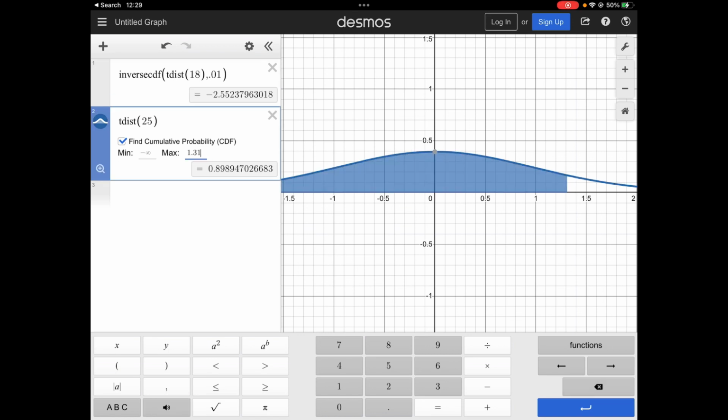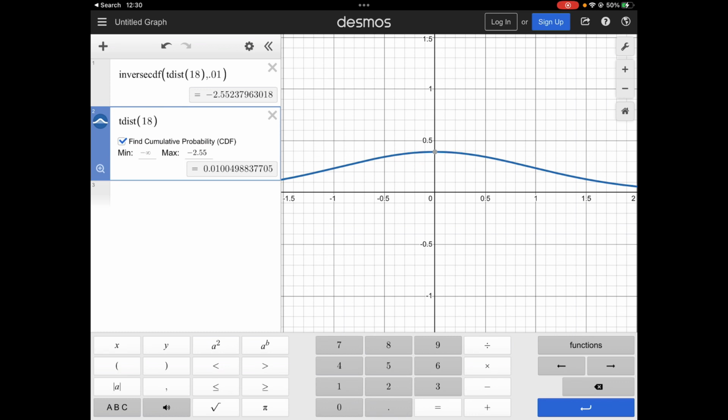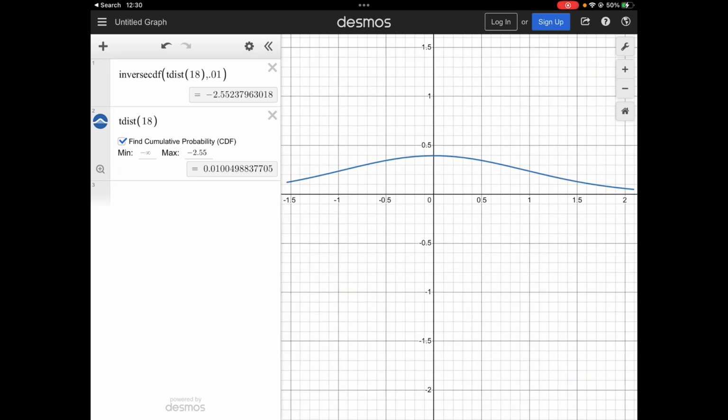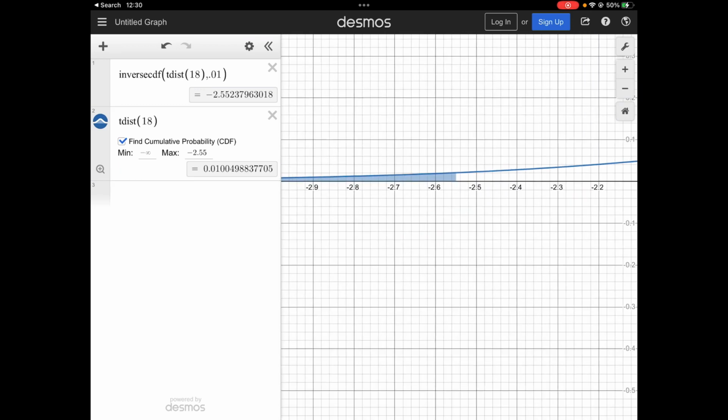So if I then check on this one and do a negative 2.55 with my 18, I can see that it's roughly 0.01, which is what's to the left. And if I look at my shape, I can see really, really small that this is the area that is shaded. So I'm looking for the t value that starts where that shaded is, and then everything to the left is what it's going to give me.